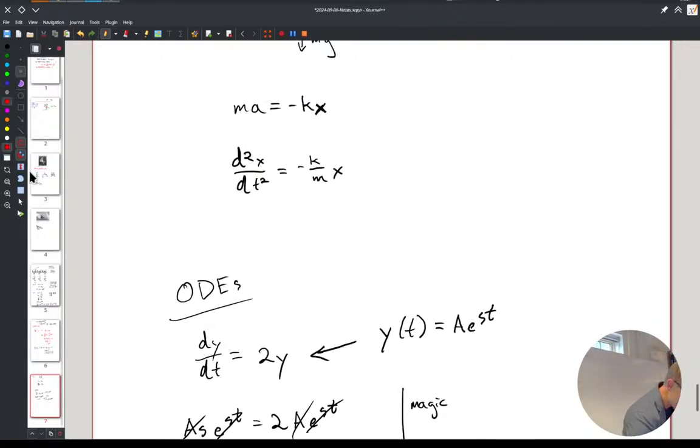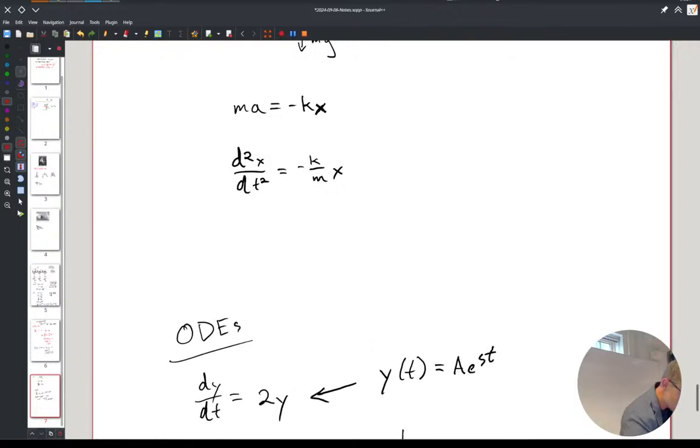All right, so what if we do the same thing here? Try that. What would x of t look like? What is x of t in that case? What do you think that one would look like? Still e to the st?